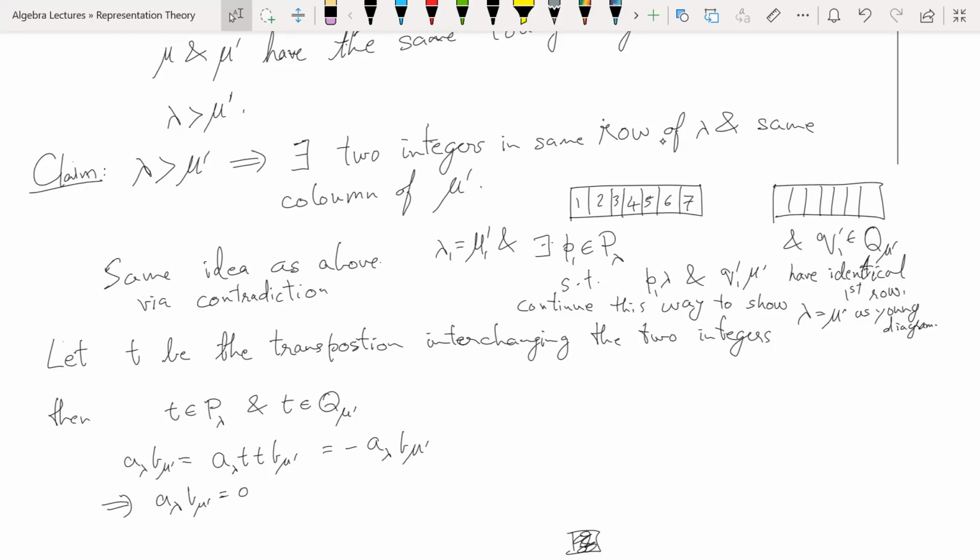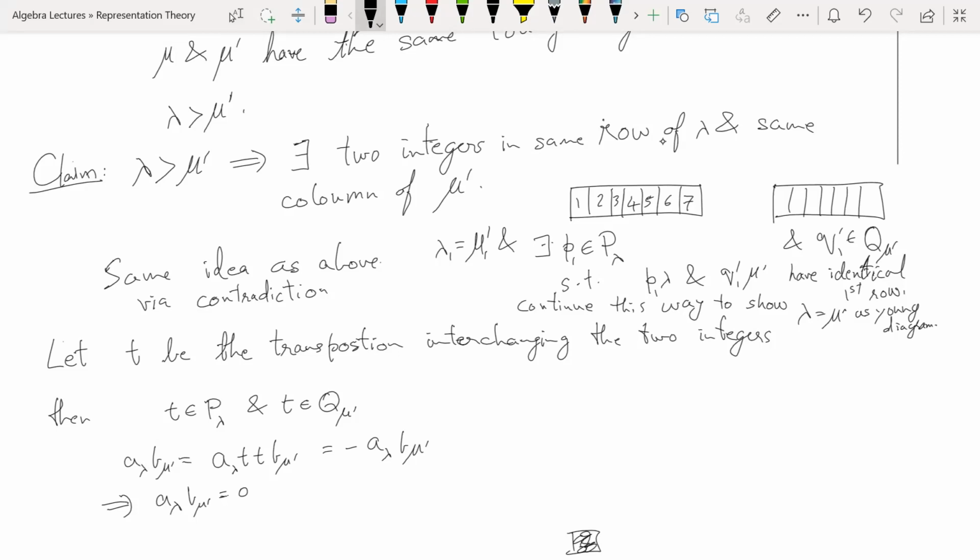So let T be the transposition which interchanges these two integers. Yeah. Then T of course belongs to P lambda, and T also belongs to Q mu prime. Okay. Then you will get that A lambda B mu prime is the same as A lambda. So remember, T is a transposition, so it has order 2. So I can put in T times T here. Yeah. But what is A lambda times T?